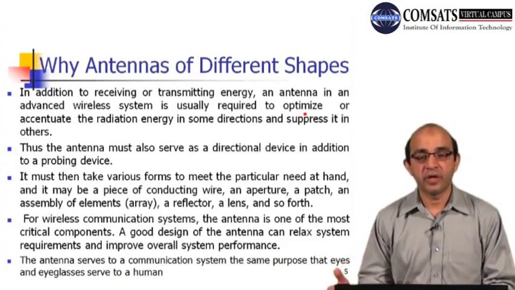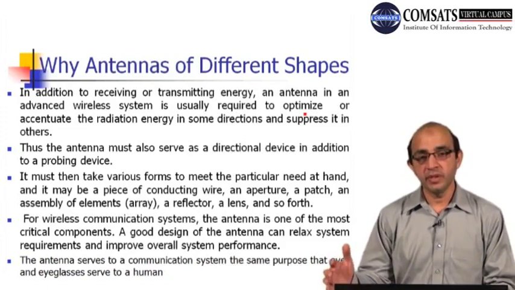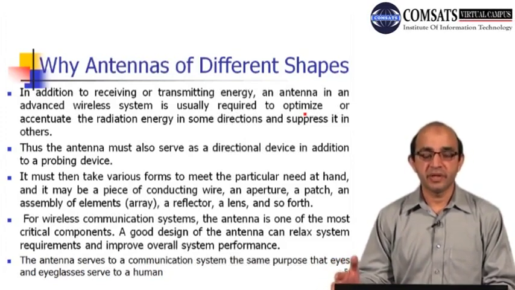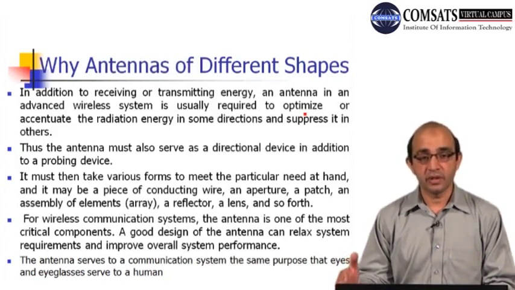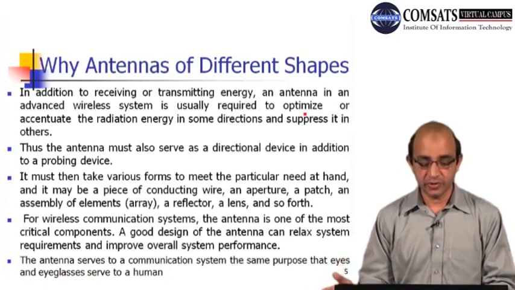One of our requirements regarding the communication system is that the antenna should be absorbing or radiating maximum energy at one angle, while suppressing the receiving or transmission energy in all other directions.